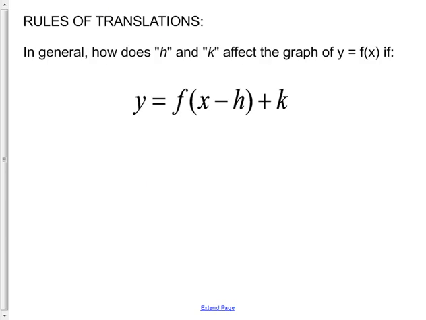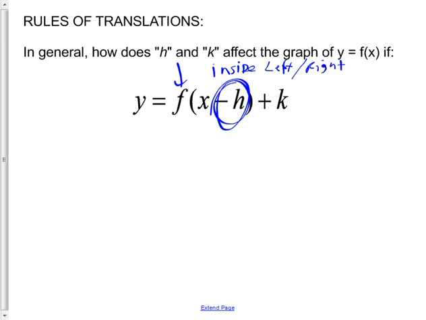Then the other part is this part I kind of skipped over right here. You have to understand the general form. If you have a function, we just throw in the letter f. It could be any of those functions. You just throw in an f. You don't know which one it is unless they tell you. Okay? But it's a function. And then whatever you do in here, like subtracting h, or subtracting 2, or subtracting 10, or adding 17, all that stuff on the inside is left, right.